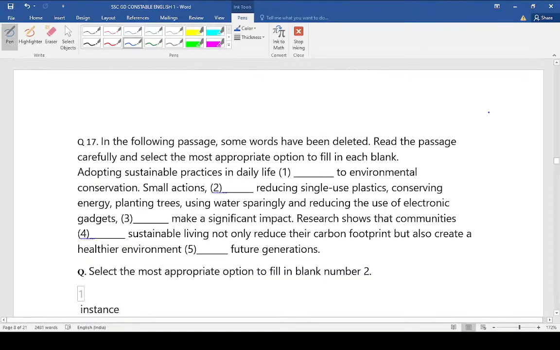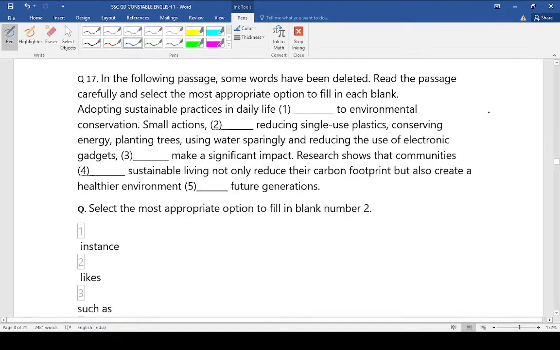Now the second question. Small action dash reducing single-use plastics, conserving energy, planting trees, using water sparingly and reducing the use of electronic gadgets. Select the most appropriate option to fill in blank number 2.